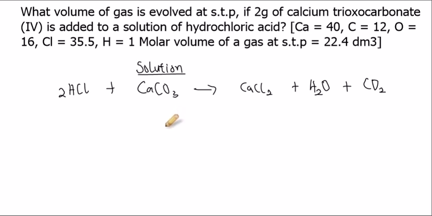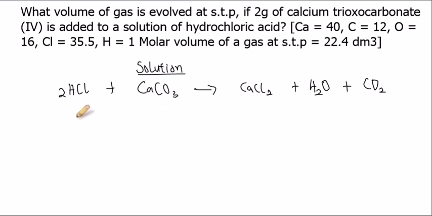Meanwhile, we are given the mass of calcium trioxocarbonate 4 that was added. So from there, let's calculate the number of moles of calcium trioxocarbonate 4 first. Then we can determine the number of moles of gas, and from there go to the final step of the volume of the gas evolved. So let's start.